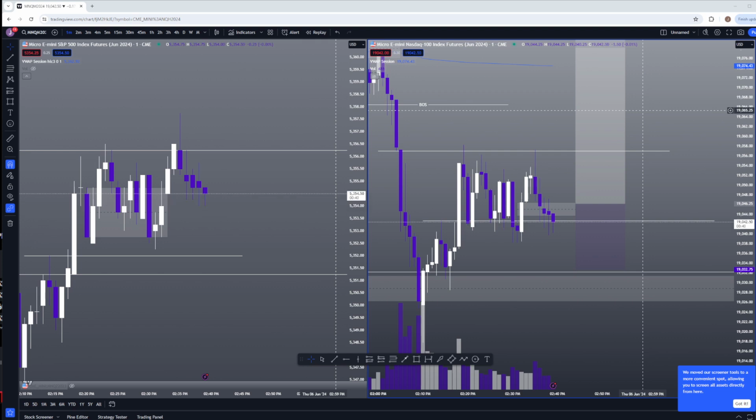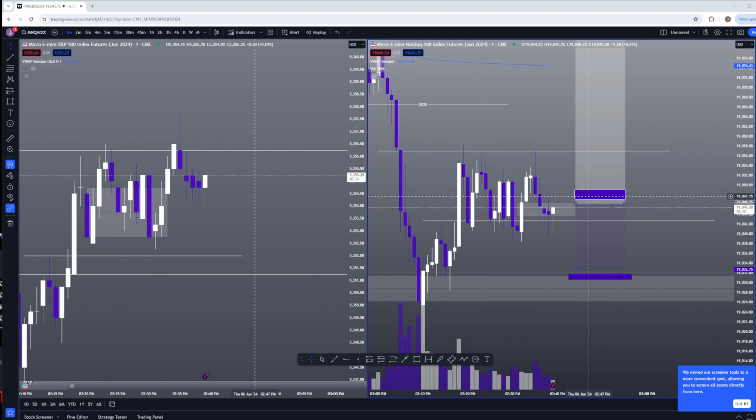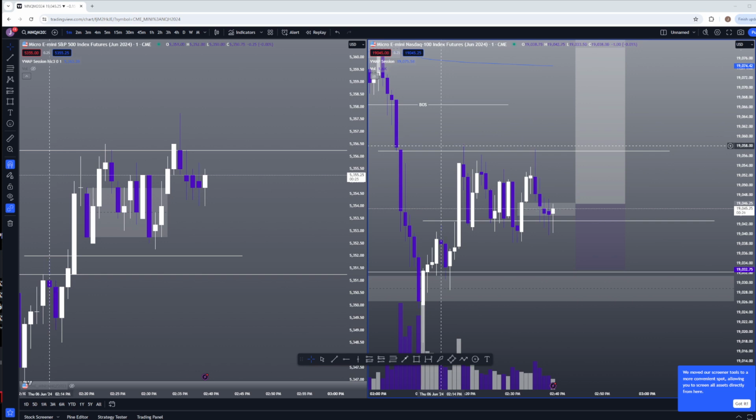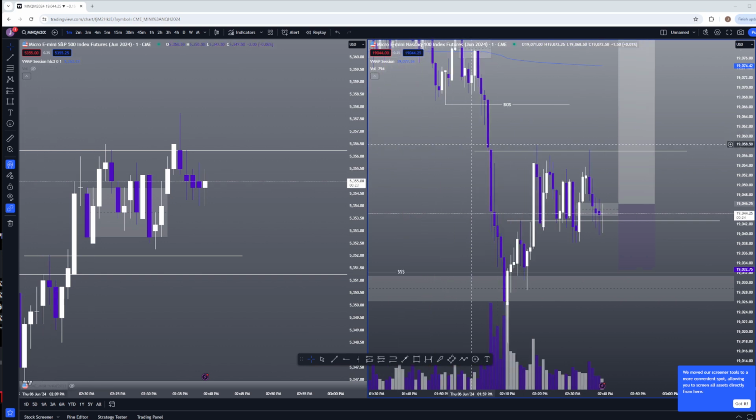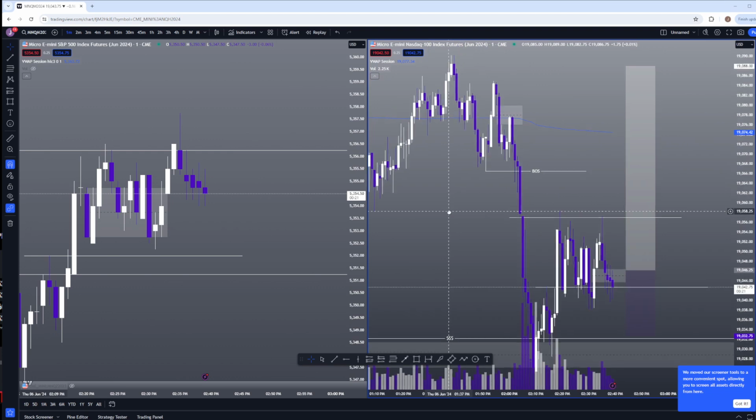All right, so again, all I'm waiting for is a breakout of the accumulation, maybe a manipulation move. So far, nothing really happening.